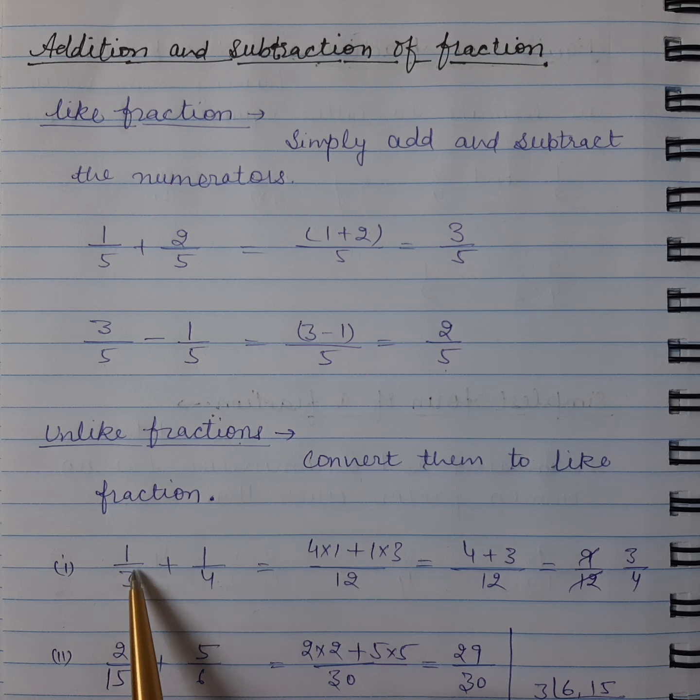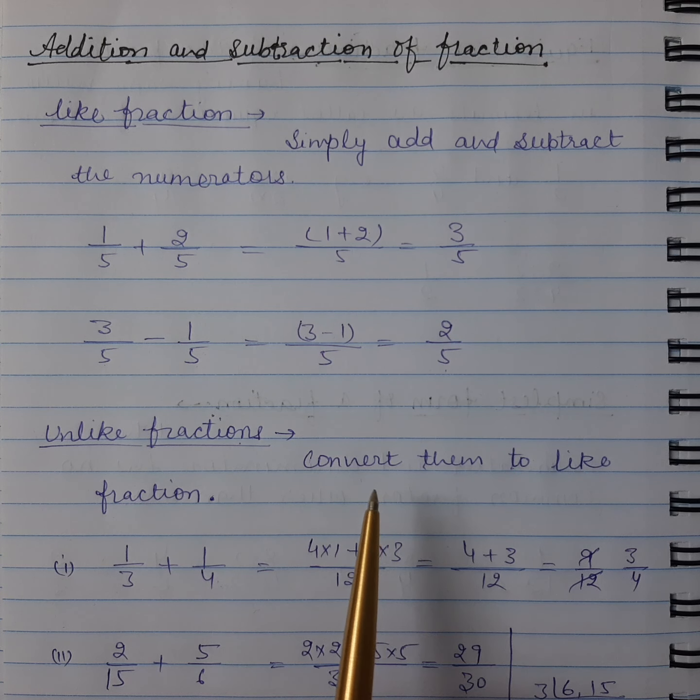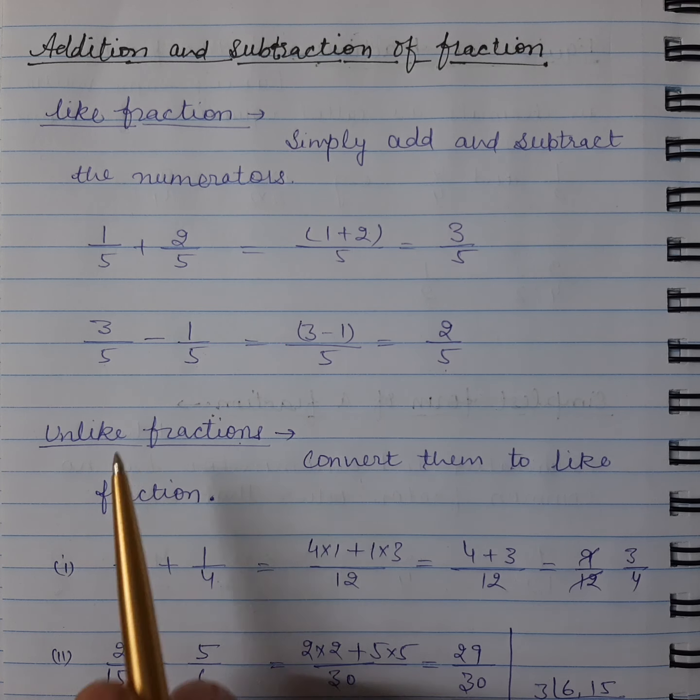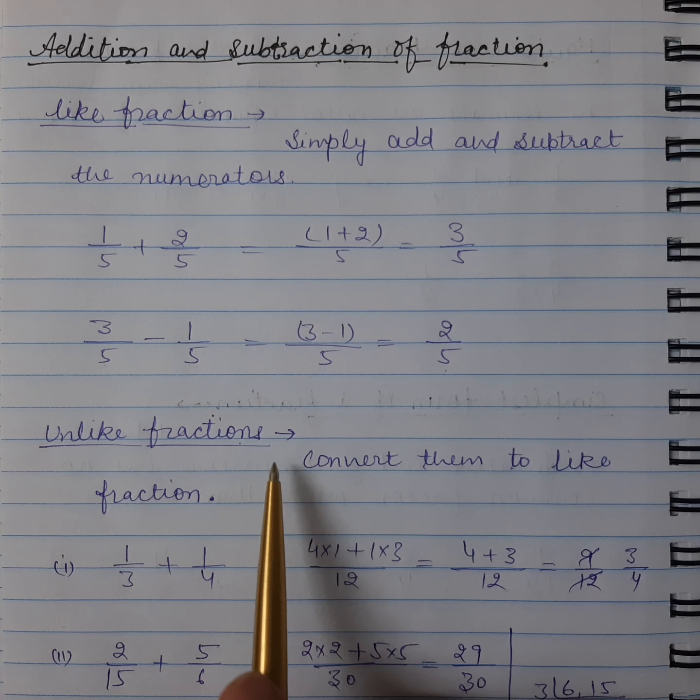If we multiply or divide both numerator and denominator by the same number, it gives us the equivalent fraction, so the value of that fraction remains the same. We'll use that property here for addition and subtraction of unlike fractions.